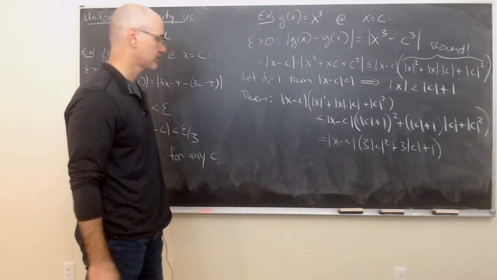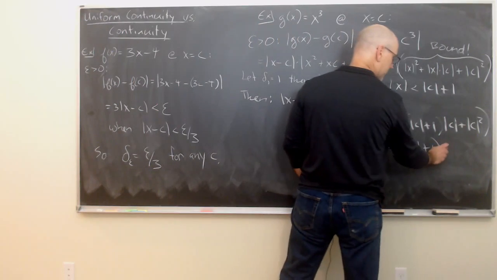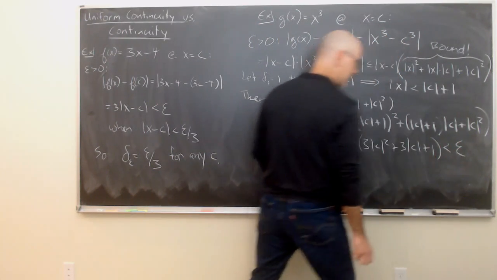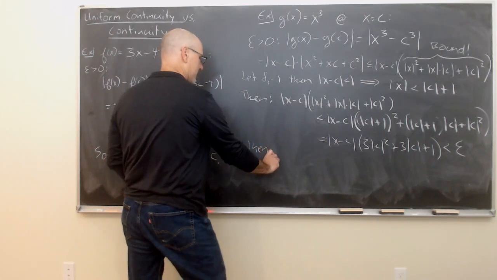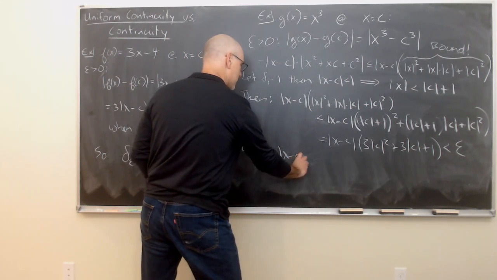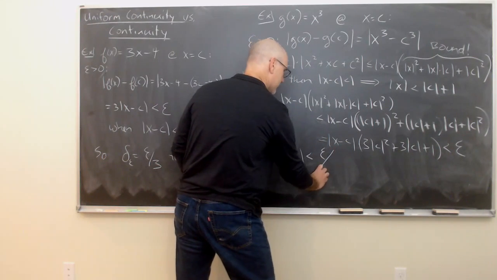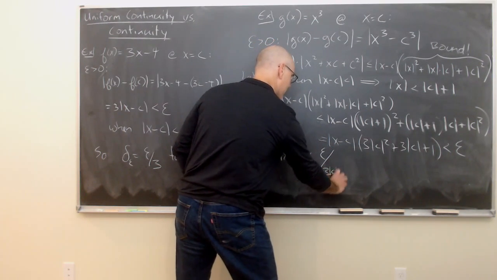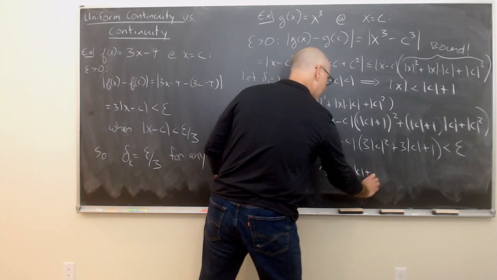All right, well, now we have something that doesn't depend on x, and I can make that less than epsilon. And that happens whenever |x − c| is less than epsilon divided by (3c² + 3|c| + 1).